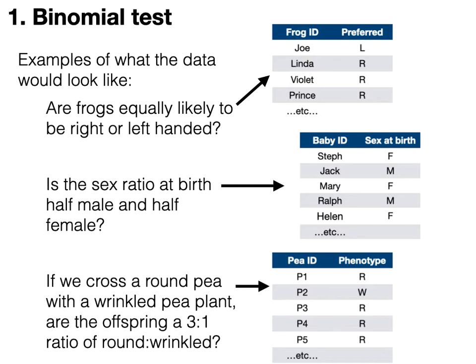And then for the pea study, we've got all these pea plants in our offspring generation, and we've evaluated their phenotypes. So in each case, we've got this single categorical variable, the one on the far right of each of these little spreadsheets, and we're evaluating whether the sample proportion significantly differs from some expected proportion. That's what the binomial test is doing.